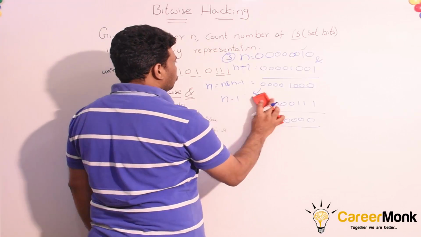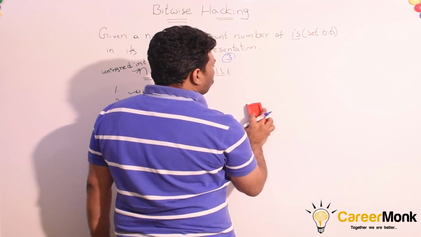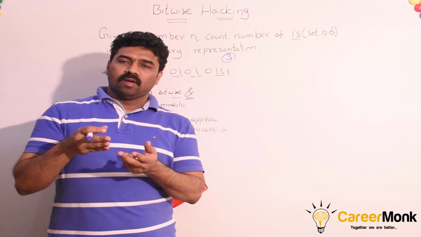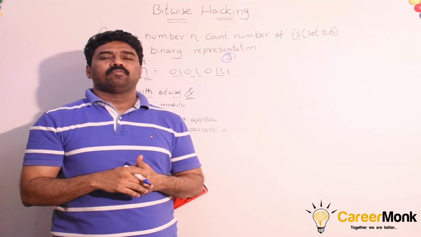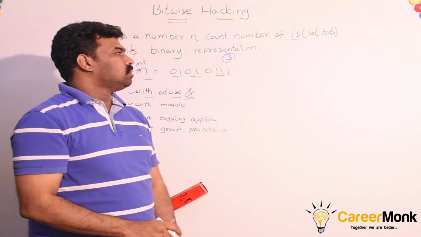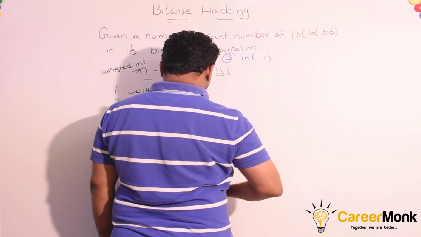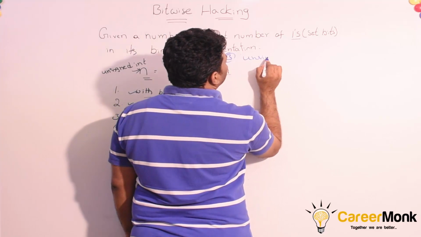How do we code this one? If you carefully observe, during the iterations, we never checked whether the value is 0 or 1. Blindly we are just performing n and n minus 1 and assigning it to n. So, unsigned int n, you can assume a similar approach.